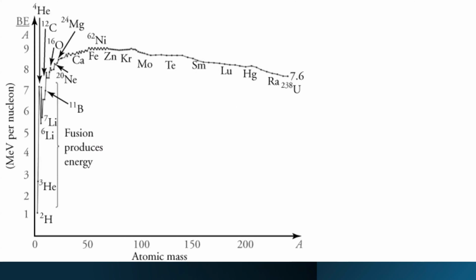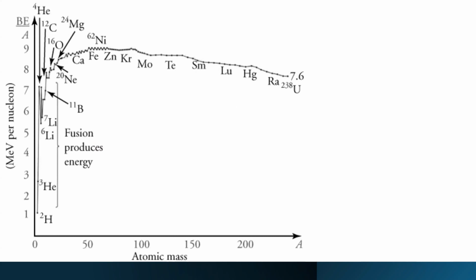So this is what I call the binding energy. On the top, you see the iron. Iron is the most stable element, as if every element somehow, this is an analogy, is trying to be an iron, to be stable.